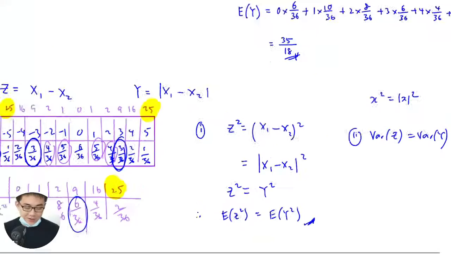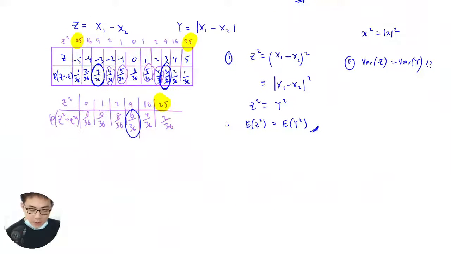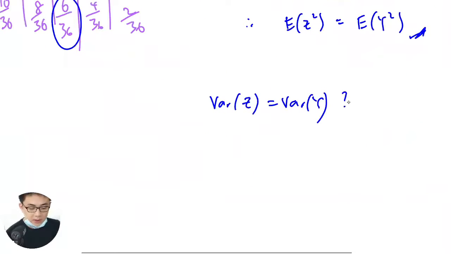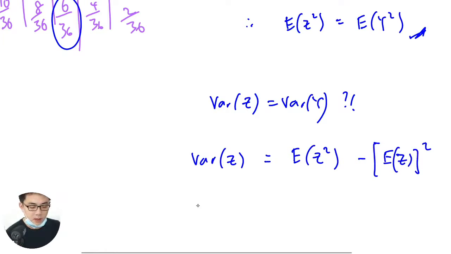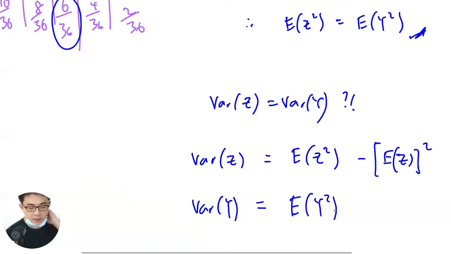So now, is this one here the same? Actually, you can just write this down. The question now is whether it is the same. You just break it down: variance Z equals the expectation of Z squared minus the square of the expectation of Z. Then variance Y is the expectation of Y squared minus the square of the expectation of Y. This is one way.